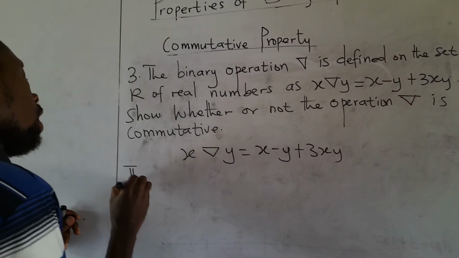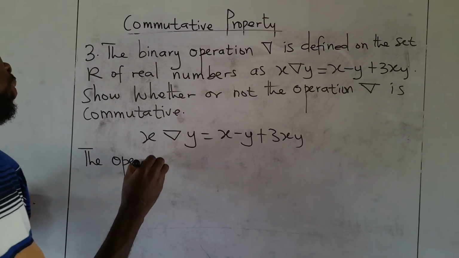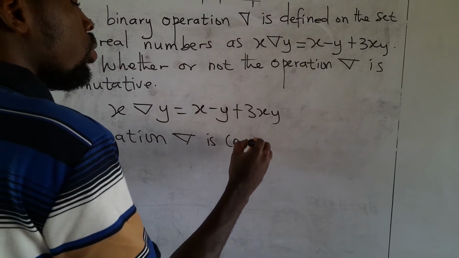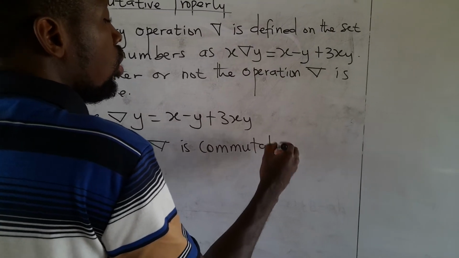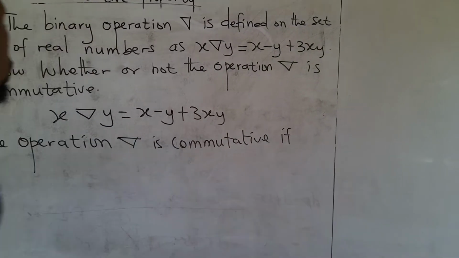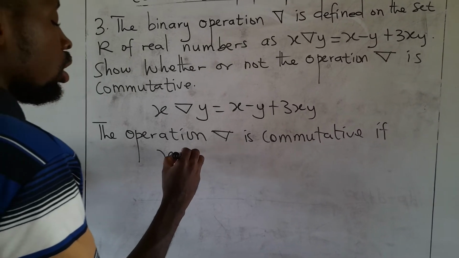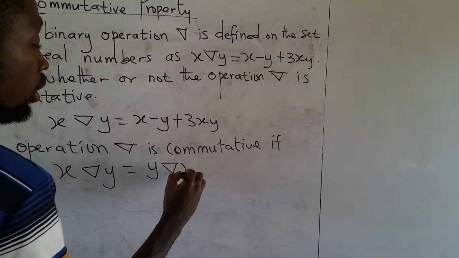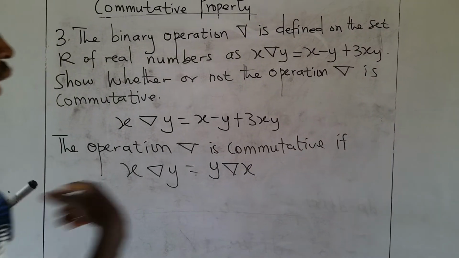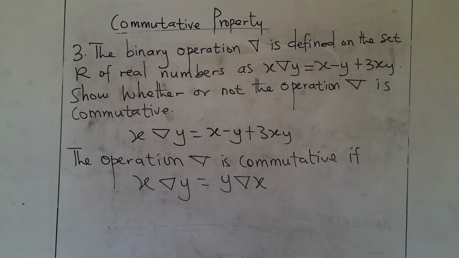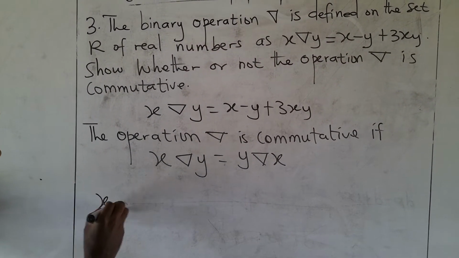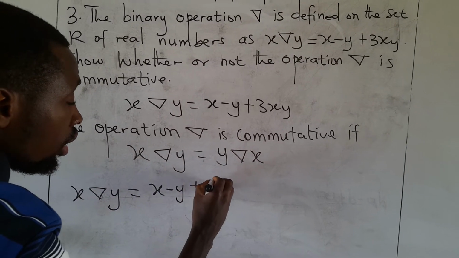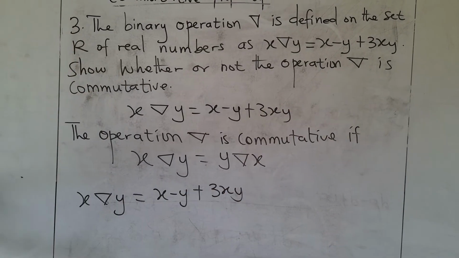And we say that the operation is commutative if x nabla y is equal to y nabla x, where x and y are members of real numbers. Okay, so our x nabla y will be equal to x minus y plus 3xy, which is given to us.